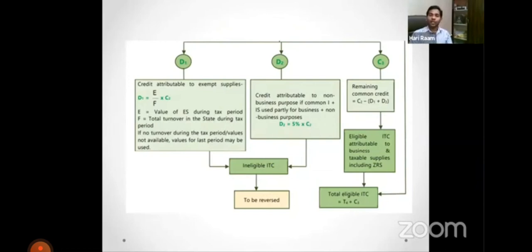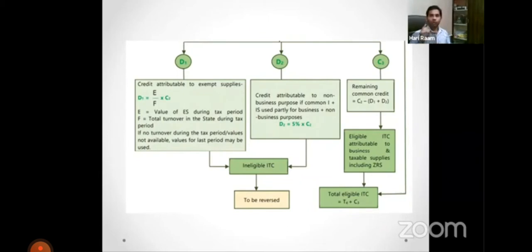First, D2 tells about the non-business purpose. For non-business purpose they are assuming 5% of C2. C2 we told, right, is the common credit; in that, 5% has to be removed because that is ineligible. And D1 tells about the exempt supply. They are taking the past financial year's values of exempt supply and total turnover, and that proportion they segregate and take as ineligible credit.